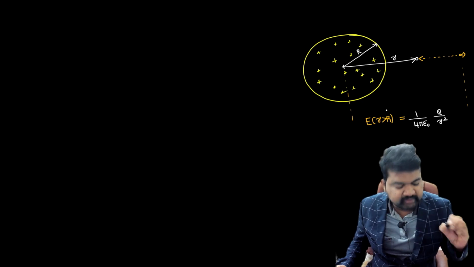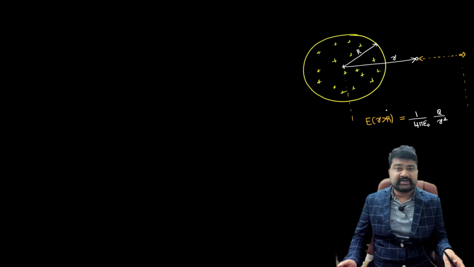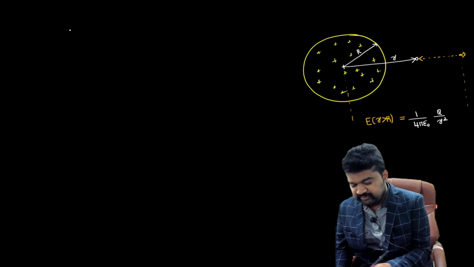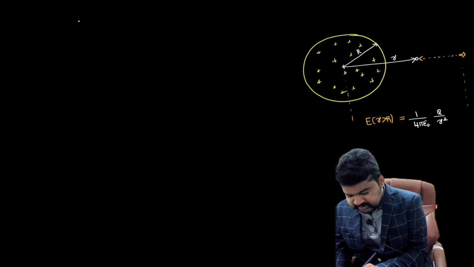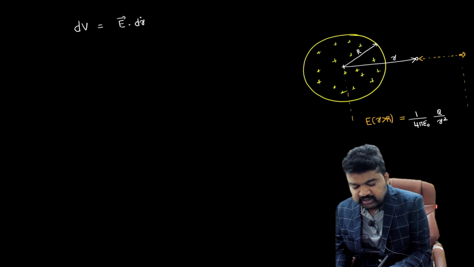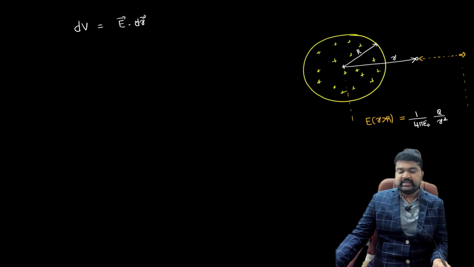We already derived this part in the last class. So here, what is dV? dV is a scalar. It is E bar dotted with dr bar.